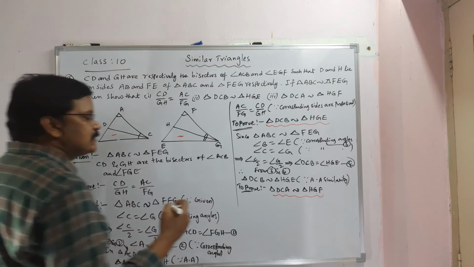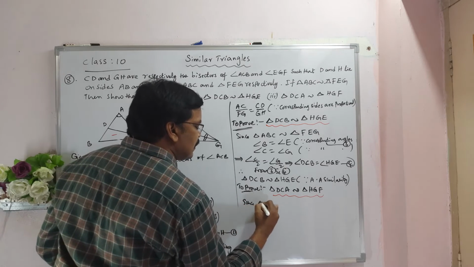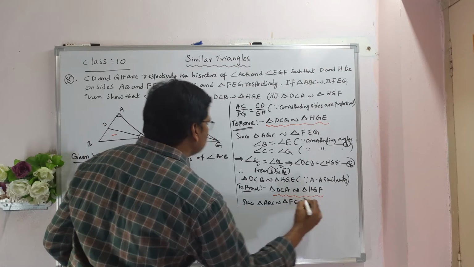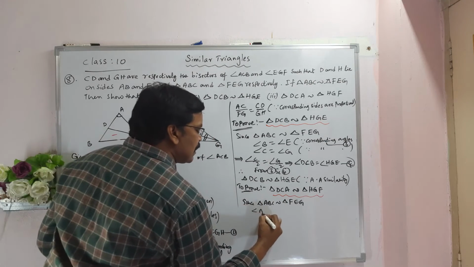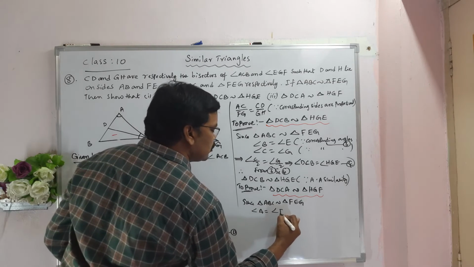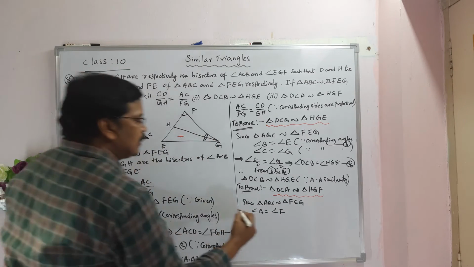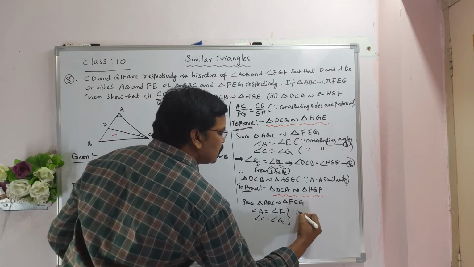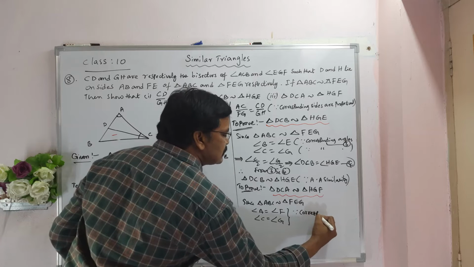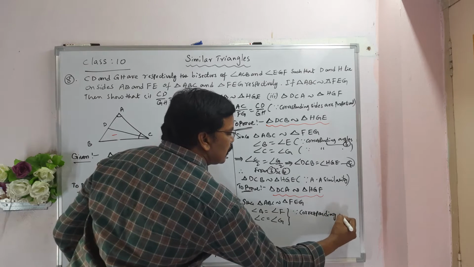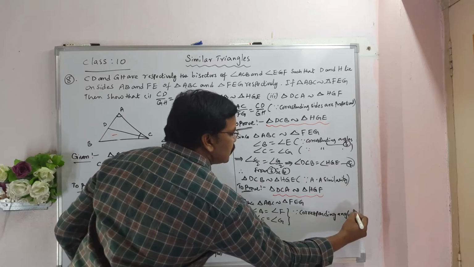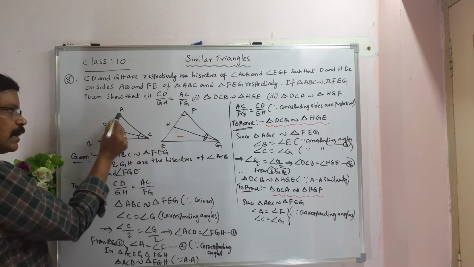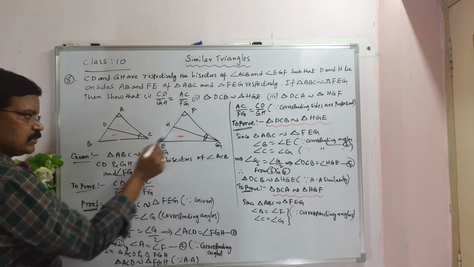See my dear students, since triangle ABC is similar to triangle FEG, what are the corresponding angles here? Angle A and angle F are equal and angle C is equal to angle G. These corresponding angles are congruent. Right, angle A is equal to angle F and angle C and angle G are equal.